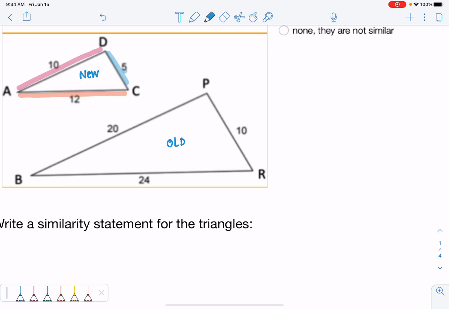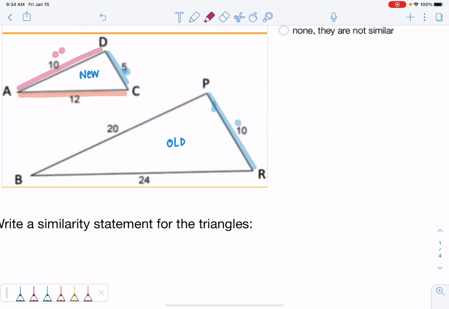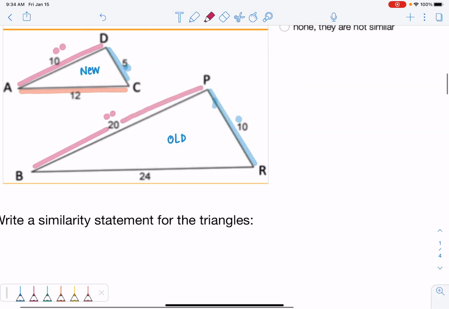So 5 is the smallest side, so it will match or correspond with 10. 10 in the new triangle is the middle number, so it will correspond to 20 in the old. And 12 is the largest number, so it will correspond to 24 in the old.